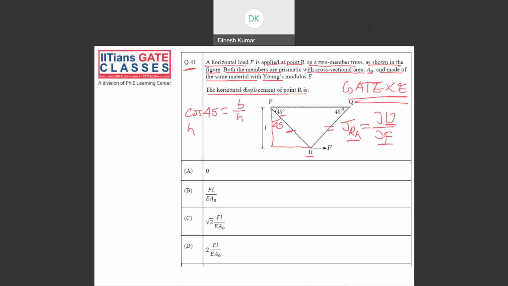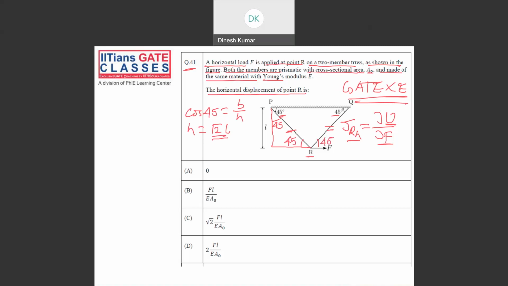The hypotenuse is unknown, and the base is L, so it becomes under root 2L. So the length of each member is under root 2L. Now to find the forces, what we have to see? If this angle is 45, this is 45, so this will be 45, and this angle is also 45.